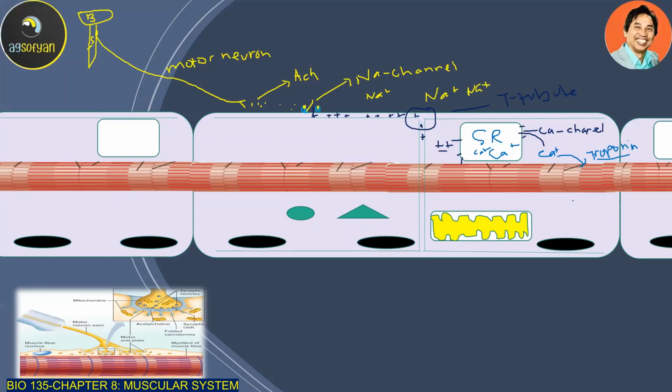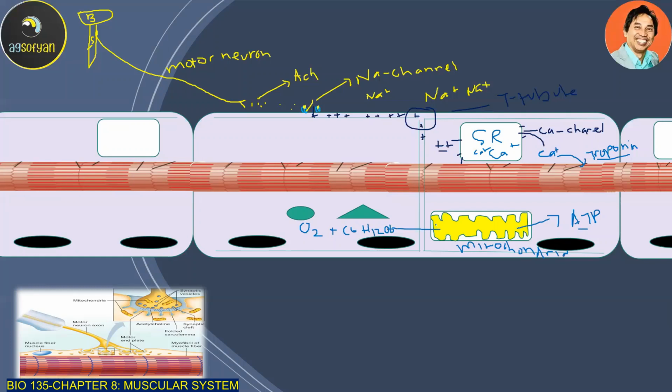Okay. Now, in order to contract, it requires ATP, and ATP is made in this mitochondria. Okay, so this is the mitochondria. In order to make ATP, we need oxygen plus glucose.